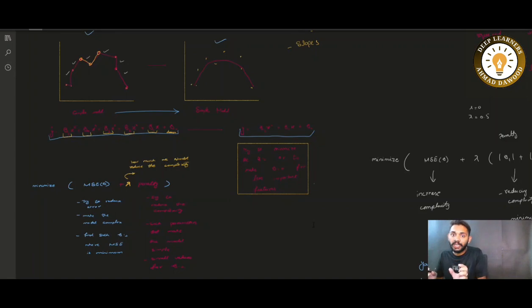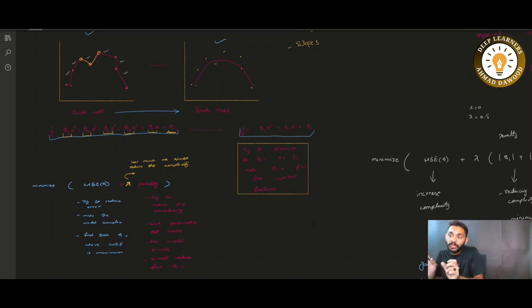If we can control that factor which makes the model complex, by adding some penalty to that cost function, we can control the complexity of the model. We added a penalty with some factor lambda which controls the complexity.